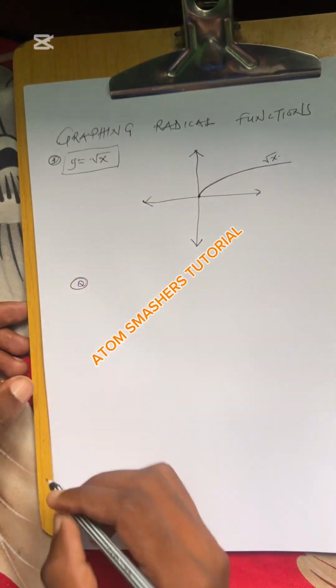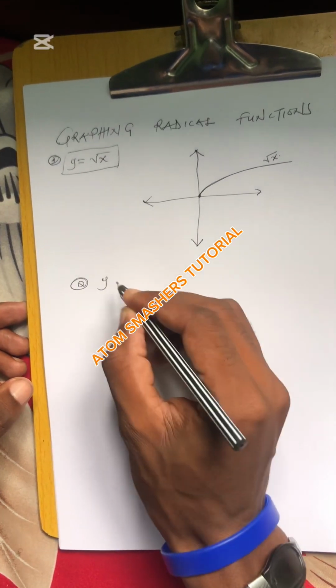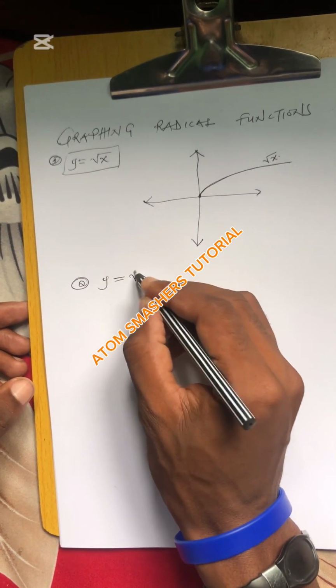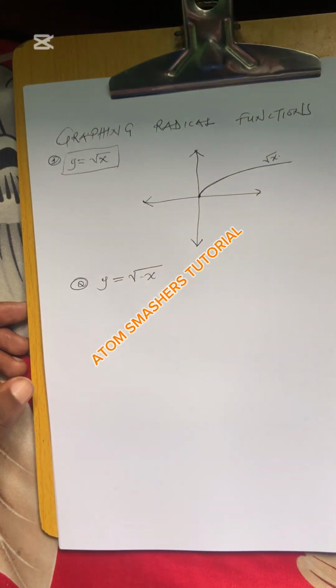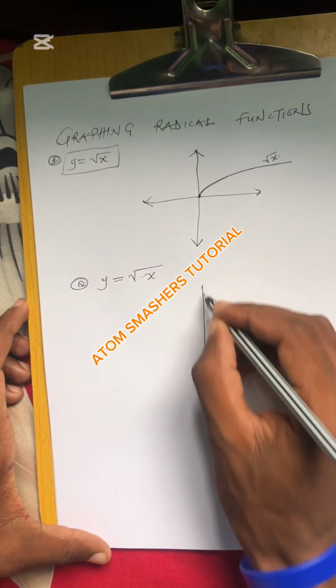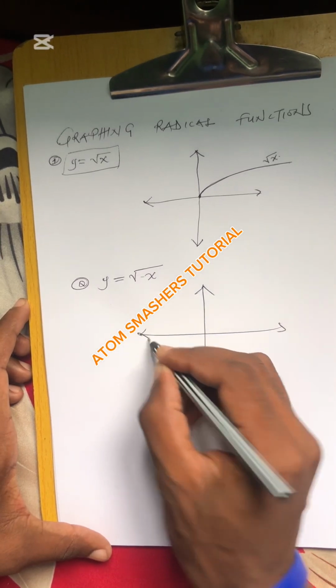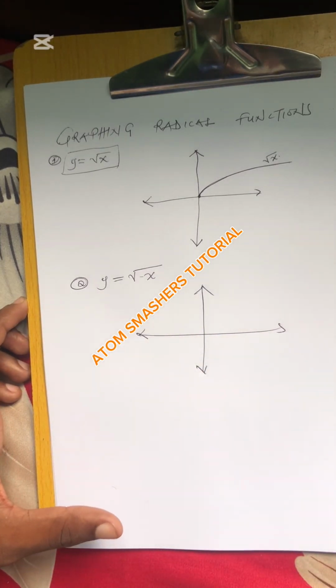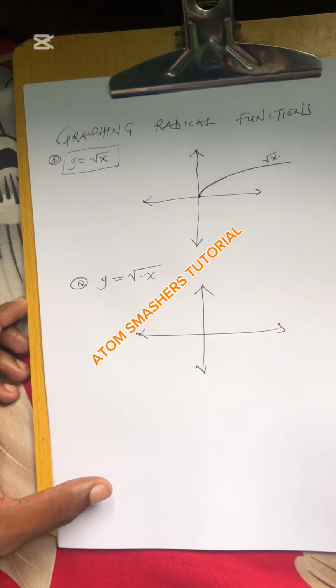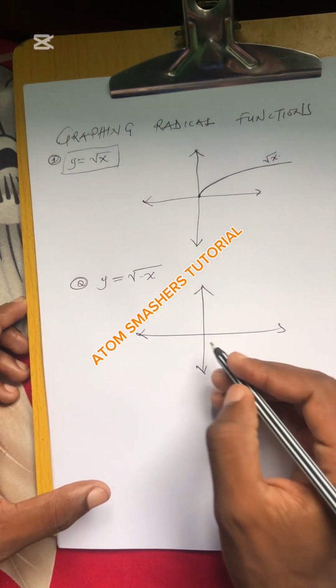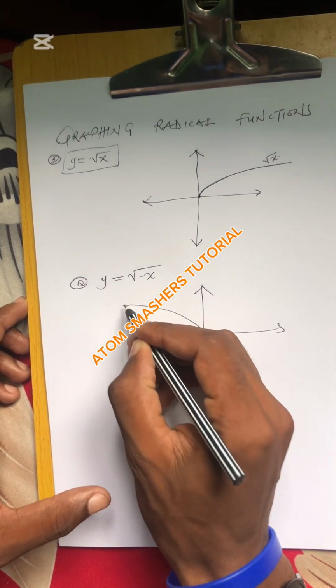The second one: y is equal to the root of negative x. The graph shifts from positives to negatives, so it will go this side.